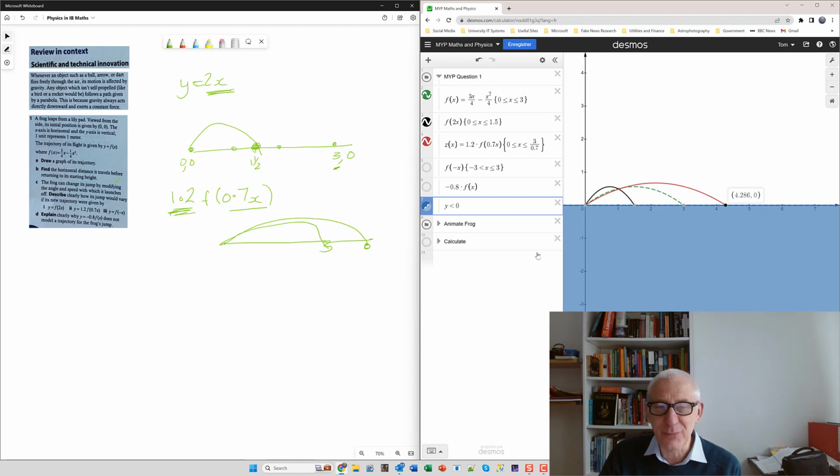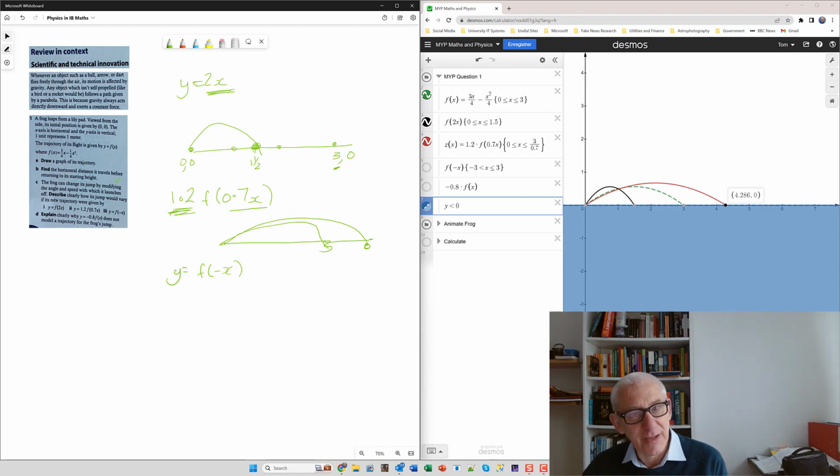Okay, next one then, we're now going to supply a function y is equal to a function of negative x. If you supply the negative, then really what we're doing is we're flipping the whole thing through the y-axis.